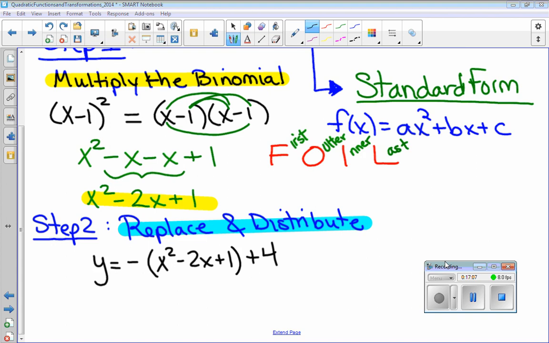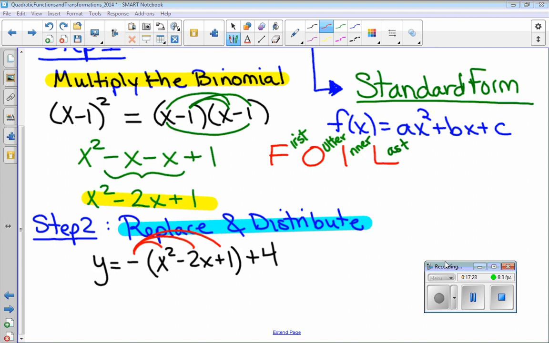Step 2 tells me I also have to distribute, don't I? So I've replaced, now I'm going to distribute. So what am I going to distribute? The negative. And I distribute to all 3 pieces inside the parentheses. So I have to take this negative, and if there was a number, I'd have to multiply as well, but it's not, just -1.